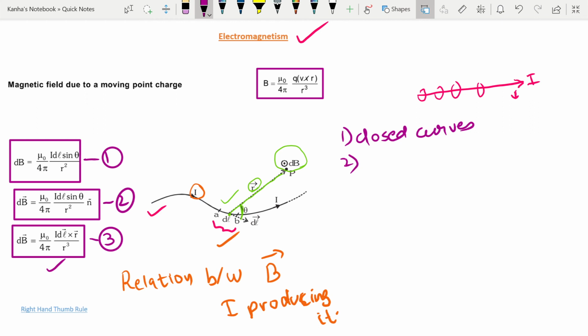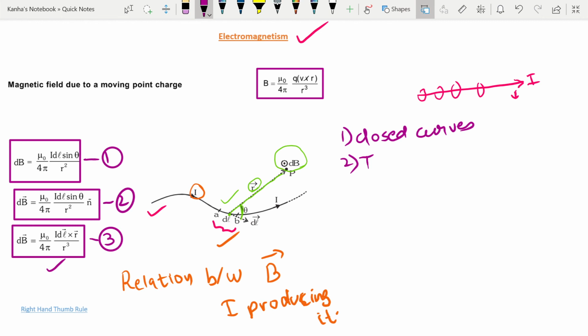These are essential because sometimes they will just give you 4 figures in the question and then they ask you which of these represents the correct situation or which of these is an incorrect way of describing the magnetic field lines. So first of all, these are closed curves. Okay. Next, you should notice the tangent drawn at any point on the field line represents the direction of B at the point.